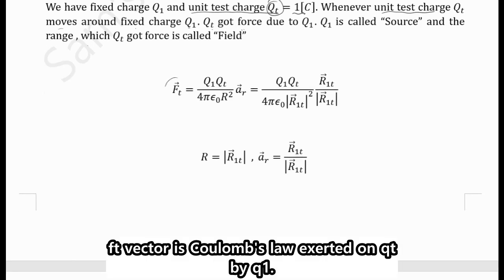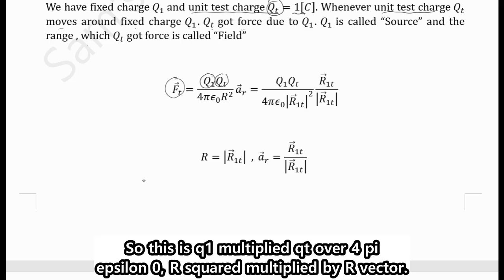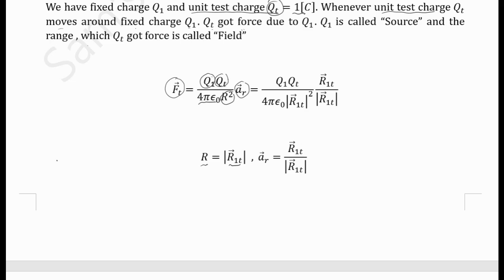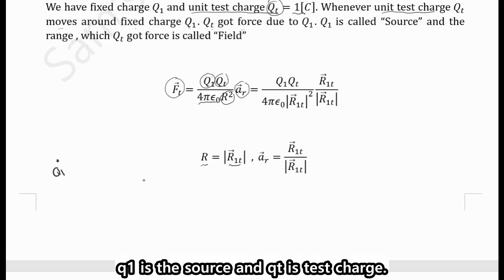So Ft vector is Coulomb's law exerted on Qt by Q1. So this is Q1 multiply Qt over 4 pi epsilon 0 R squared multiply AR vector. R is the magnitude of R1t vector. Q1 is the source and Qt is the test charge.